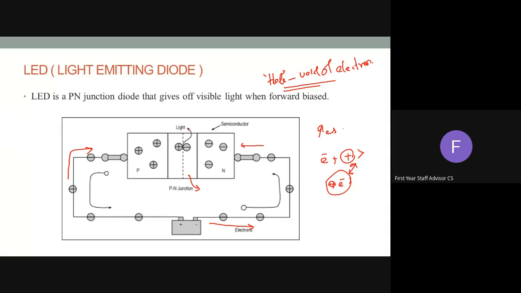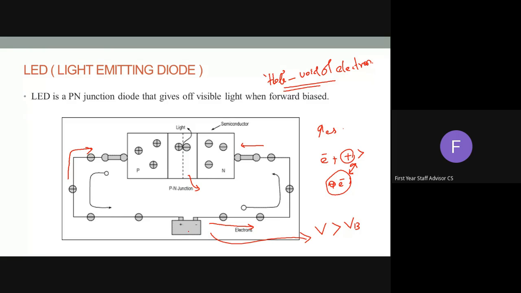An LED is just a perfectly engineered PN junction diode. When a PN junction diode is forward biased, that means the p side is connected to the positive terminal and the n side to the negative terminal, carrier recombination takes place if the potential offered by this cell is greater than the barrier potential.